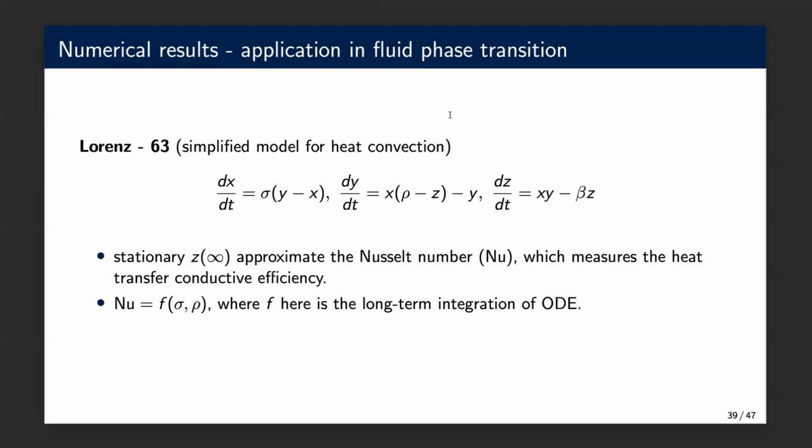So we think of the Nusselt number as a function of input parameters sigma and rho. The function f here is a long-term integration of this ODE because we care about the stationary Z. In physics, the two parameters represent the two dimensionless numbers of the heat convection system.